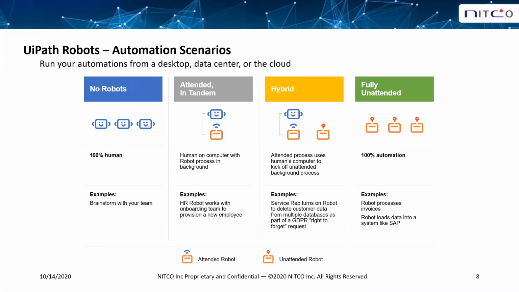Hybrid is a process where these processes are kicked off and scheduled, and they run on specific days on whatever calendar you provide. They provide insights, and they can run on multiple robots. Let's say you have a use case of invoice processing and you have a thousand invoices to be processed in a single day.